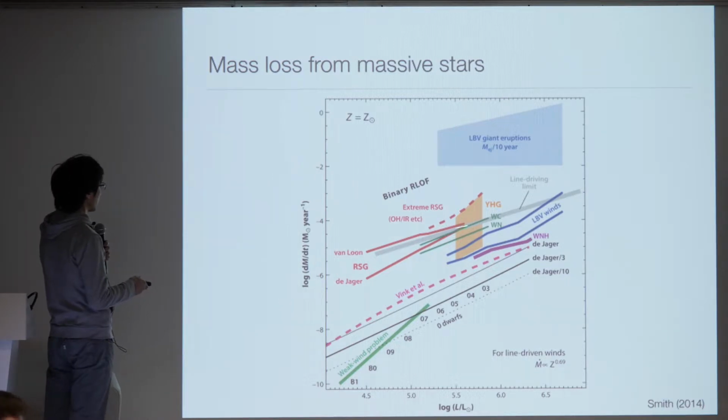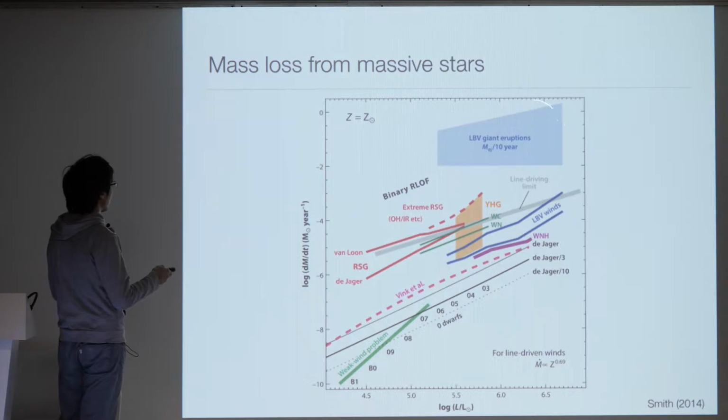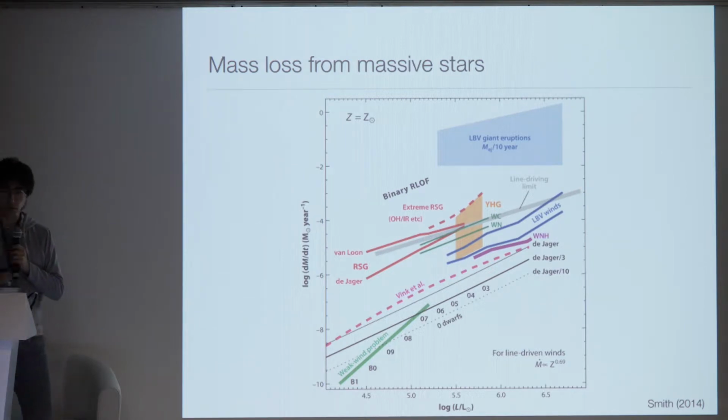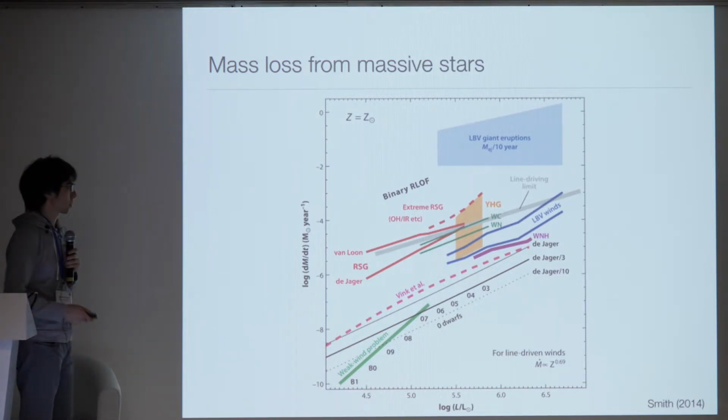And Wolf-Rayet stars are also around there, and their mass loss rates go up to around 10 to the minus 4 solar mass per year. There are some exceptions, but that's the standard mass loss rates you get by observing the stars around us.